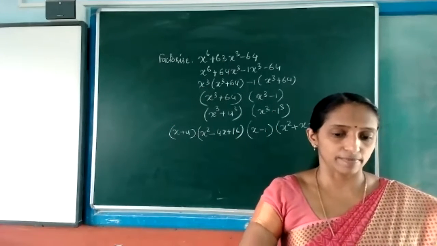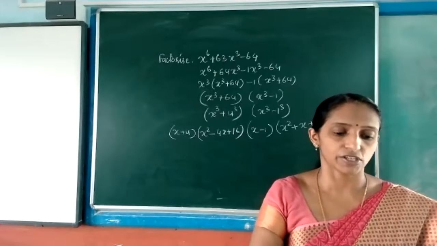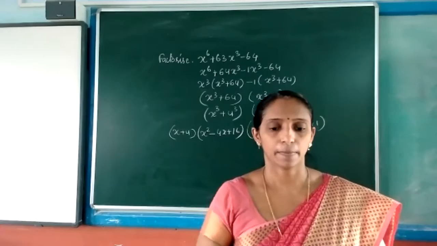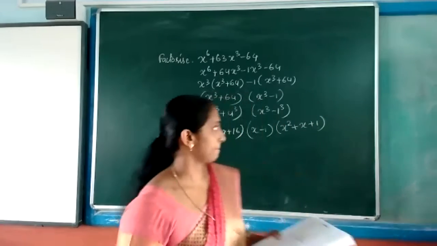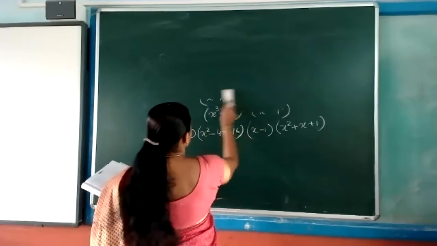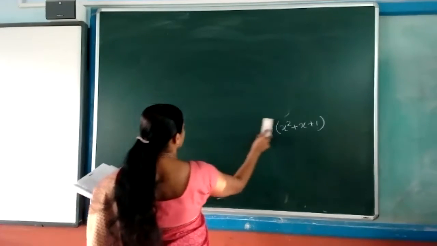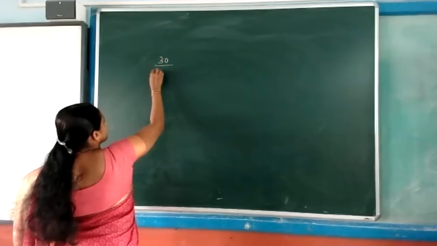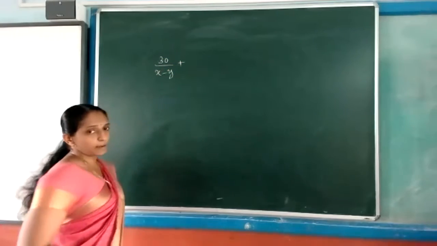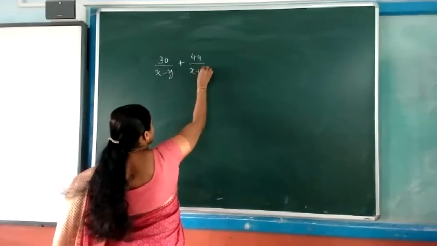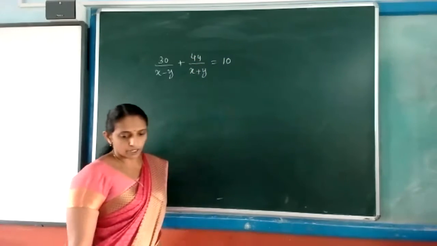Okay. Then next question. Solve the system of equations. 30 upon x minus y plus 44 upon x plus y is equal to 10, the first equation.